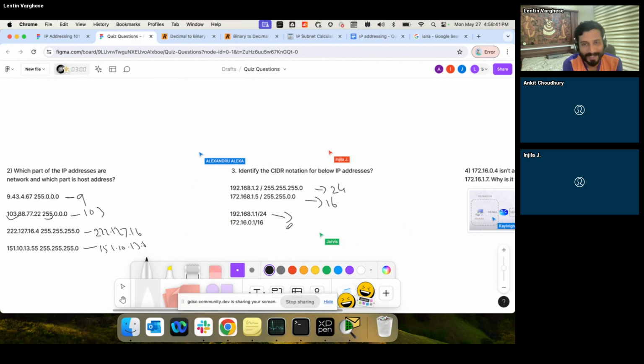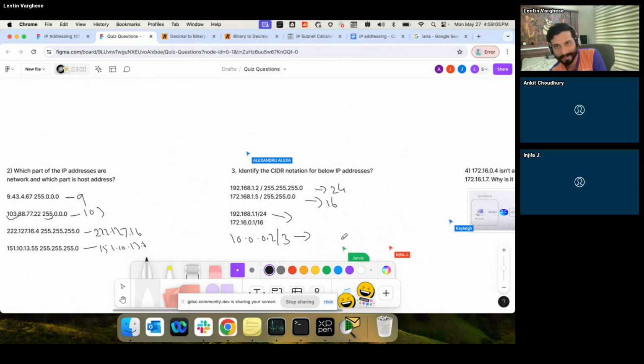I think this question is very silly, but let me change it up. I think I did it in a hurry. Maybe I could try something else. 10.0.0.2/3. What is the answer for this?